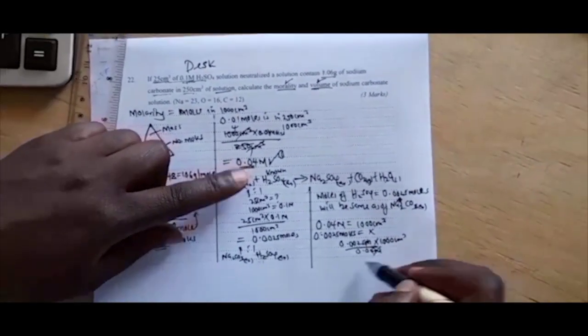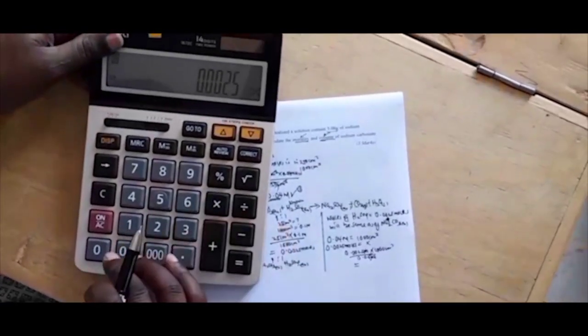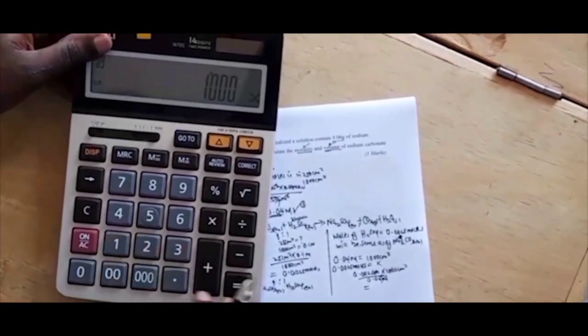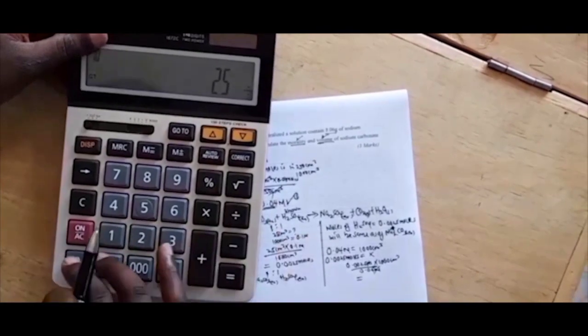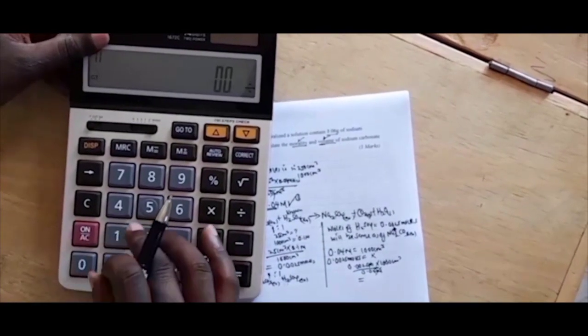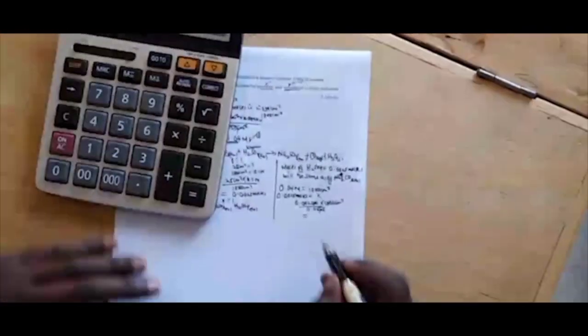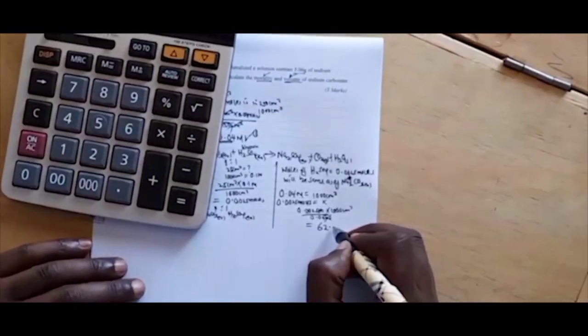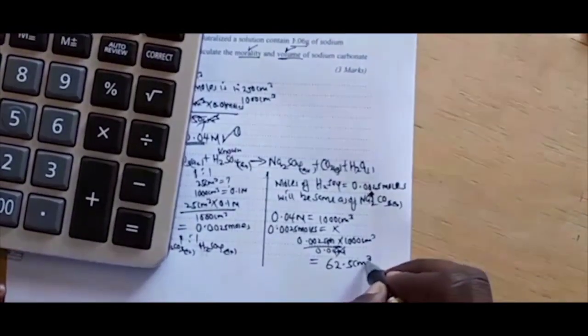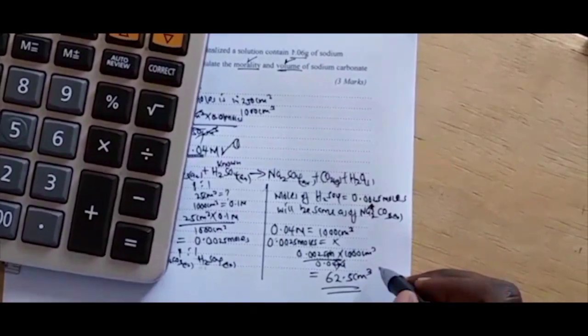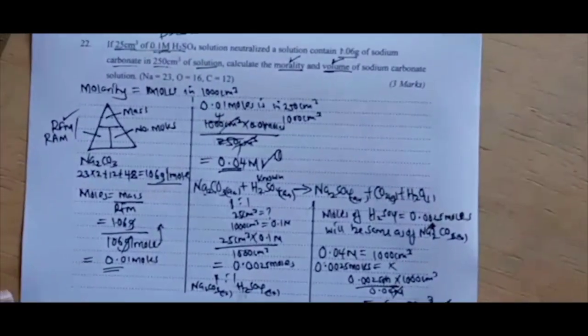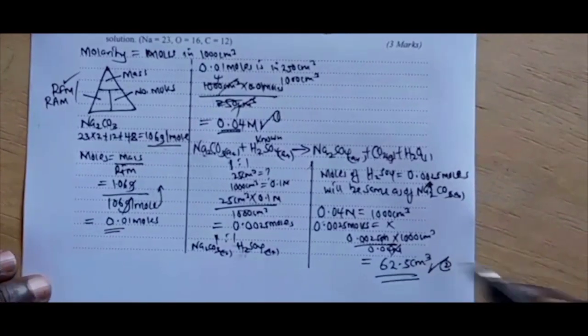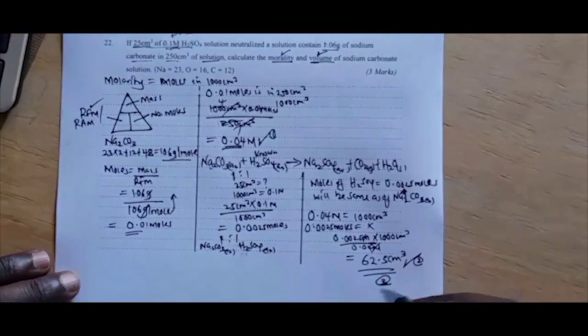Mole and mole will cancel. Multiply by 1000, you divide by 0.04. The final answer will be equal to 62.5 centimeter cube. That will be the volume of sodium carbonate which reacted, which will now earn you the other 2 marks, a total of 3 marks.